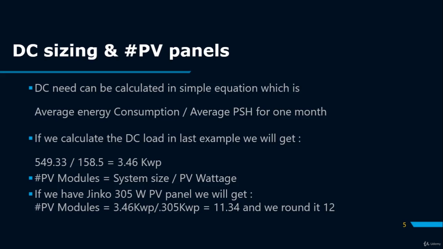So we get 11.35 panels and we round it to 12. Okay, so we estimate the average energy consumption and get the peak sun hour for a month, and then divide the energy consumption average over the peak sun hour to get the DC need, and the number of PV modules equals the system size over the PV watts.